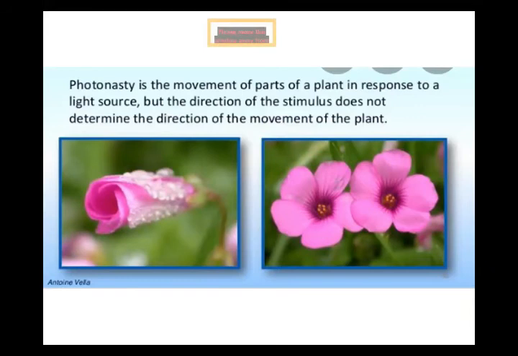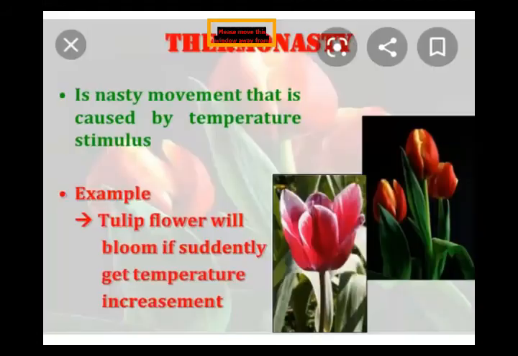For example, some flowers open in the presence of sunlight, and after the sun rises, they bend. Thermonasty means the movement related to the temperature. If the temperature is high, for example the tulip flower, the flower closes.